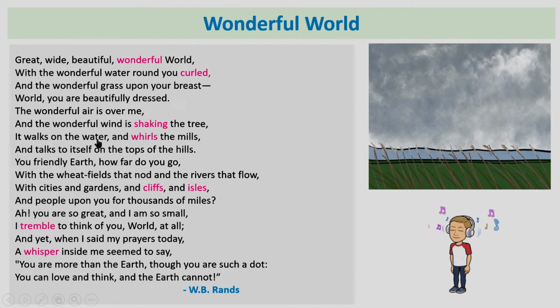It walks on the water and whirls the mills, and talks to itself on the tops of the hills. You friendly earth, how far do you go? With the wheat fields that nod and the rivers that flow, with cities and gardens and cliffs and isles, and people upon you for thousands of miles.